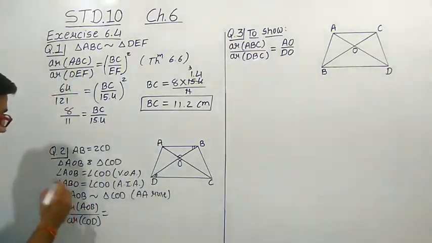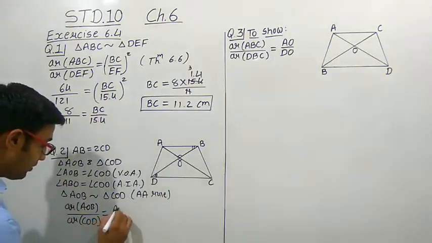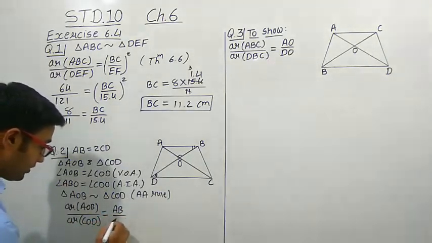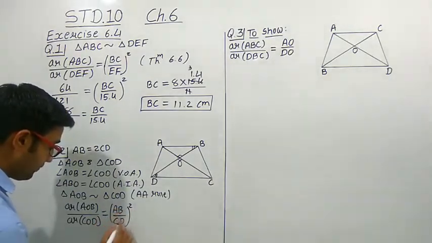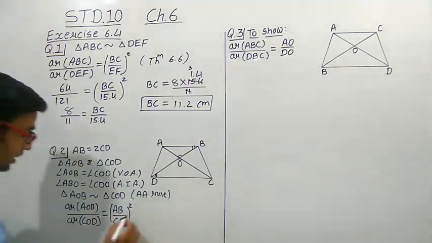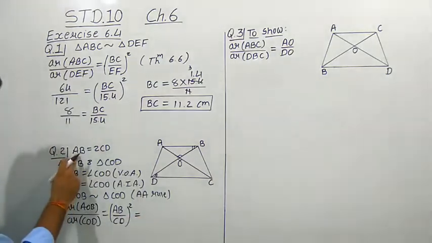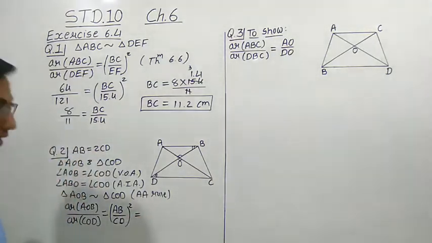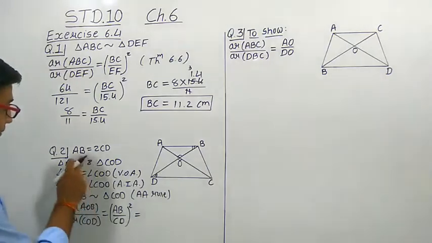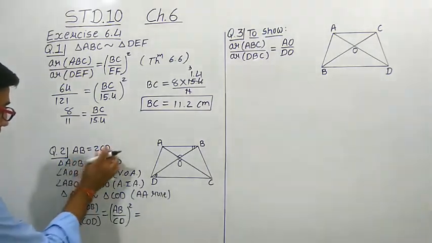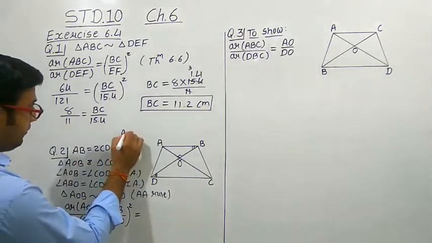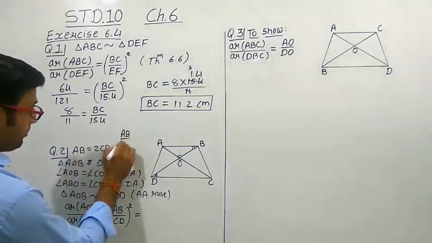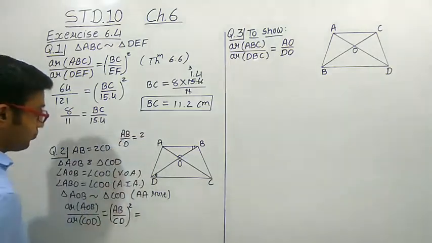That is, if we take the side AB, then we have to take side CD, but we have to square it. Now we know that AB is equal to 2CD. So when we take CD to the denominator of AB, what will we get? Here we get AB upon CD is equal to 2.